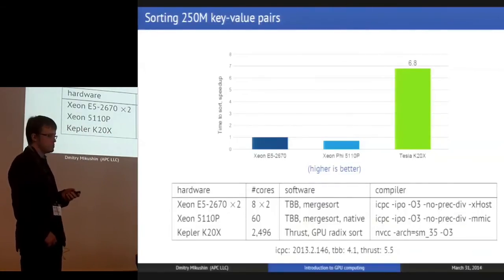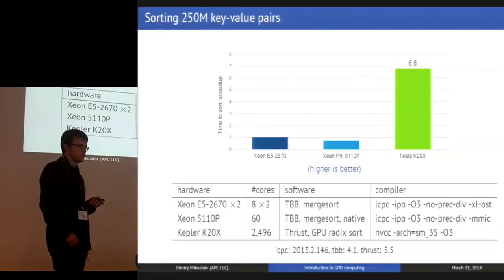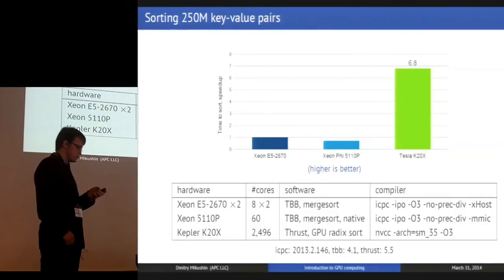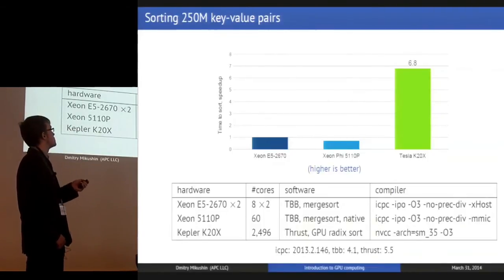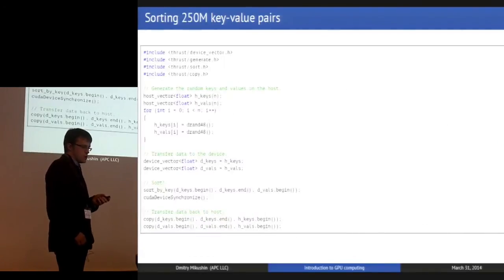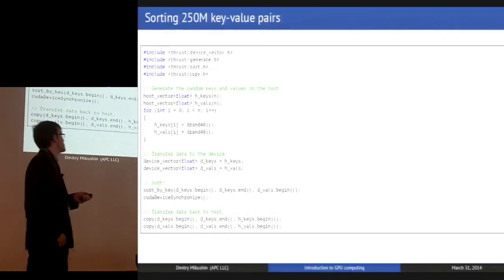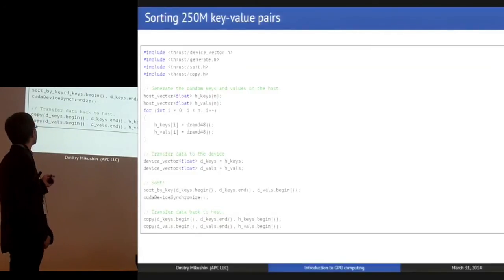Another use case would be key-value pairs sorting. Here we also have a good speedup against CPU and accelerated computers. The code doing this is essentially the same. We generate the data, we copy data to the device, we sort it with just one command, and we transfer back to the host.